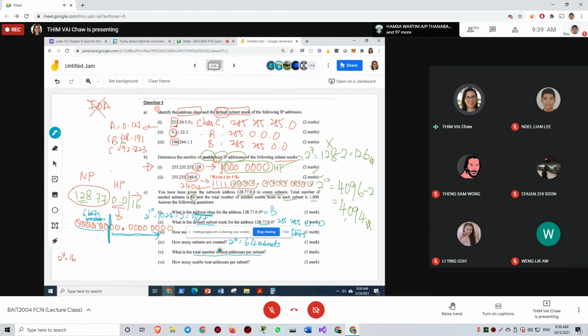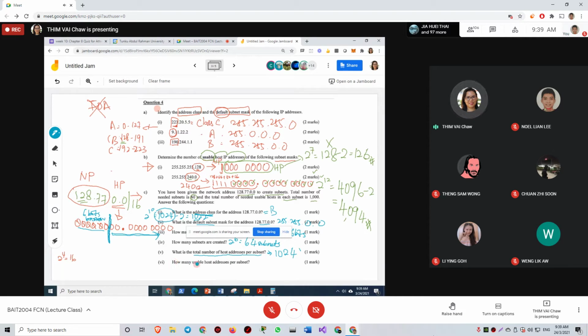This includes the network address and the broadcast address, so the answer is 1024, because I'm using 2 to the power of 10. Another 1 mark.